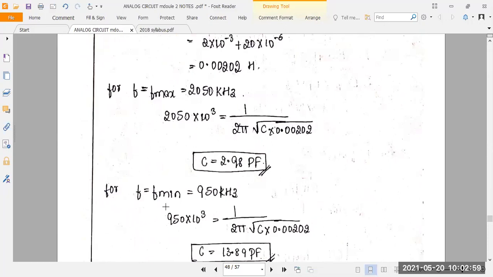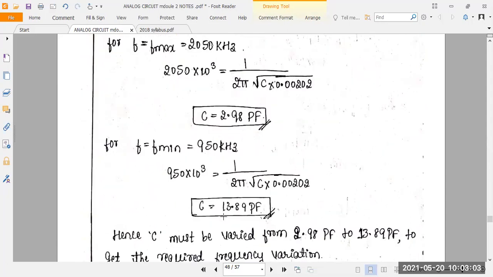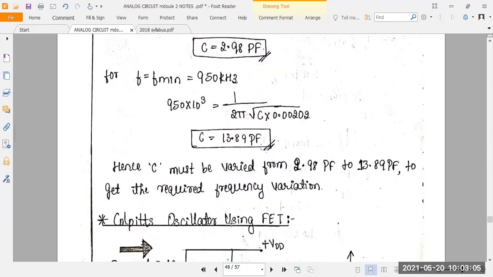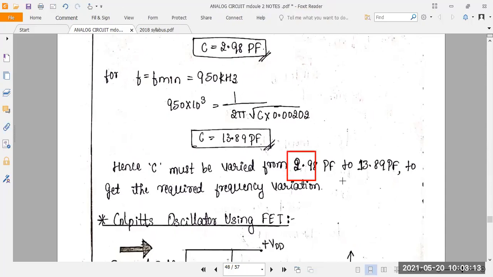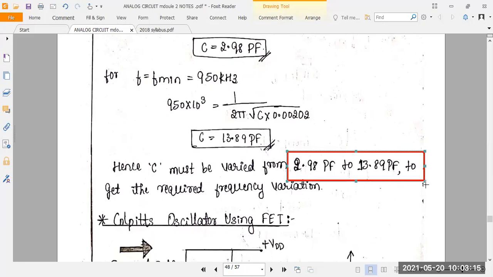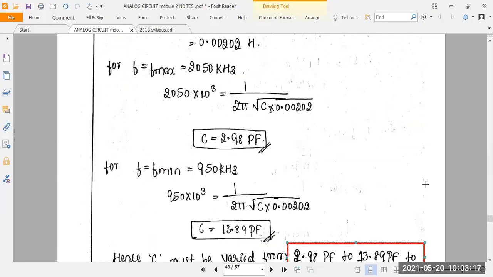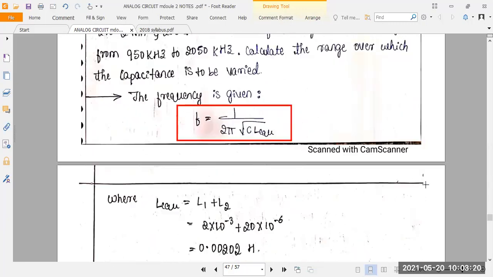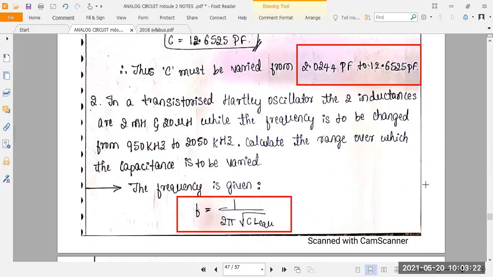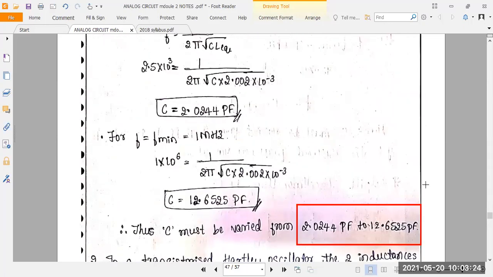Then take the minimum frequency, 950 kilohertz, and C is 13.89 picofarad. So C varies from 2.98 picofarad to 13.89 picofarad for the frequency range of 950 kilohertz to 2050 kilohertz. Understood? This is the second problem in the Hartley oscillator.